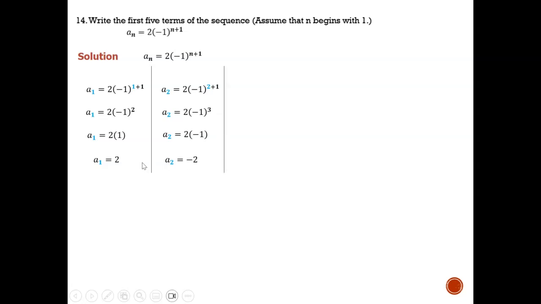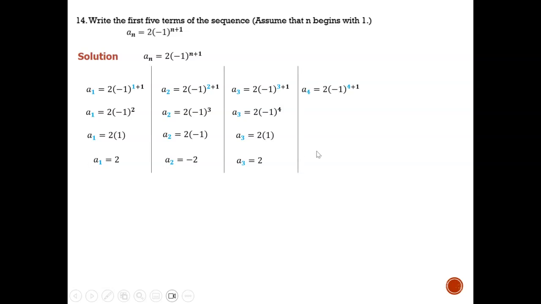Now guys, do you see this pattern? It's going to go from positive, negative, and we're just getting 2, so the third term will be a positive 2, and the fourth term will be negative 2, and so forth. But let's see the work here. Positive 2.